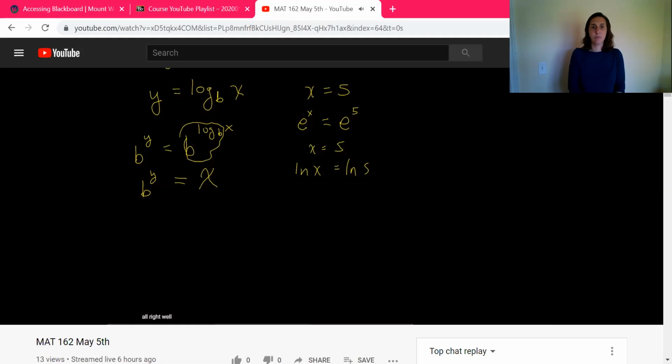All right, well, if I'm free to take something to any base, I'm also free to take any logarithm. My calculator only had two log keys, natural log and common log. So I want to take the natural log of the left-hand side.